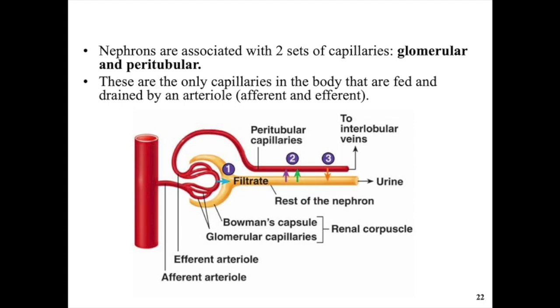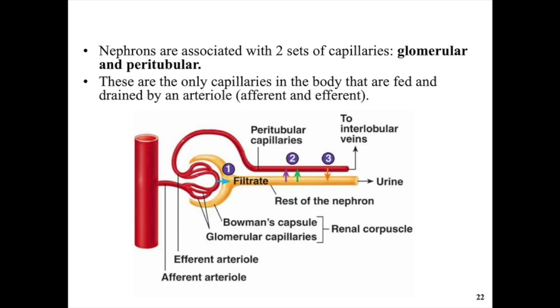So the first component is the filtration, number one. So it's the passage of fluid, pay attention to the arrows, from the capillary into the Bowman's capsule. At this point we say that this is the filtrate, and then the rest of the nephron, the tubule, is going to communicate with the interstitium and indirectly with the peritubular capillaries.